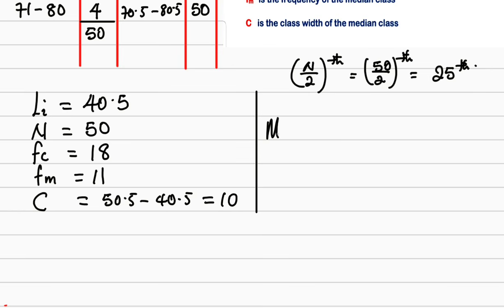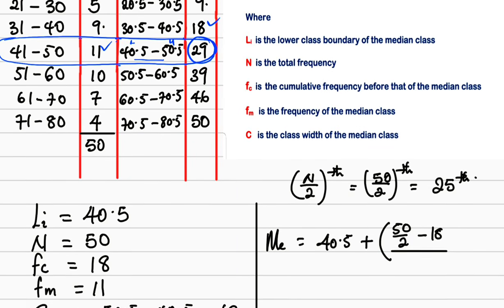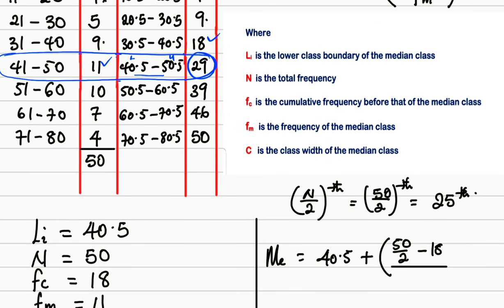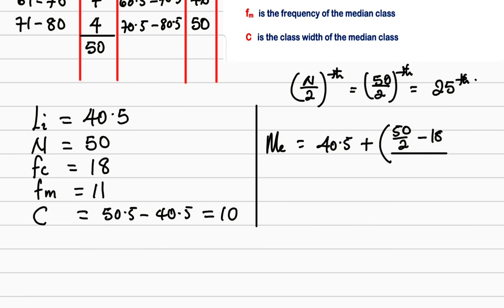So our median is going to be LI, which is 40.5, plus N, which is 50 over 2, minus FC, which is 18, then all over the frequency of the median class, which is 11, then times 10.